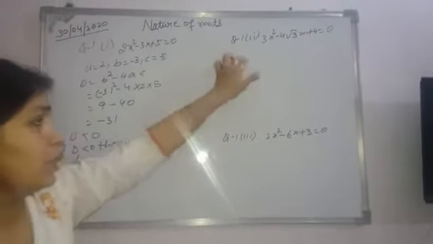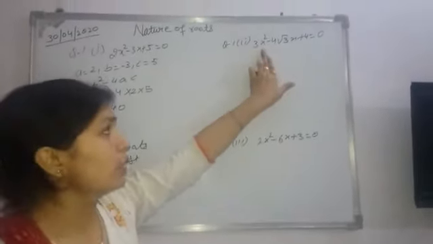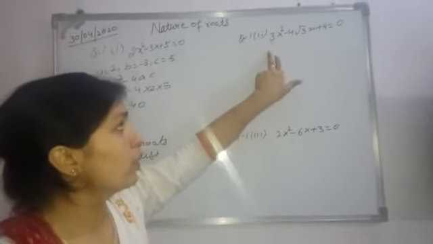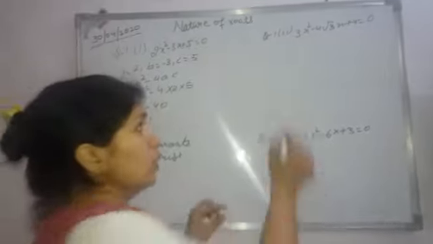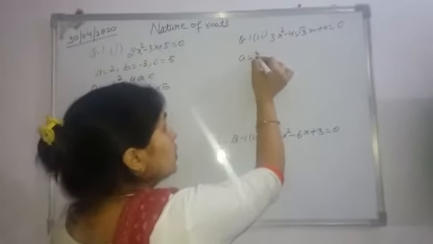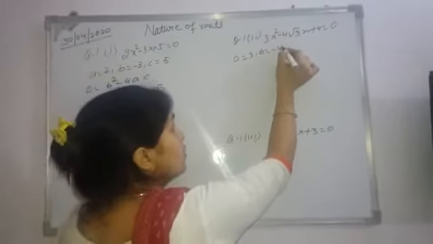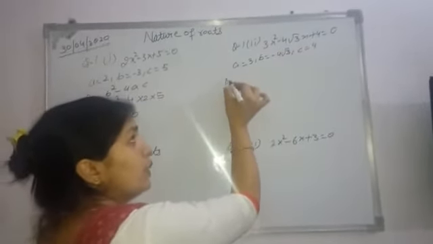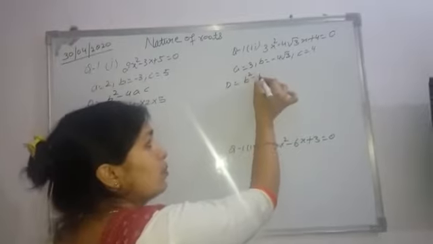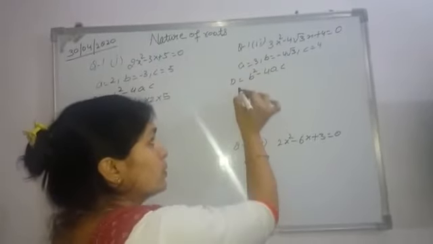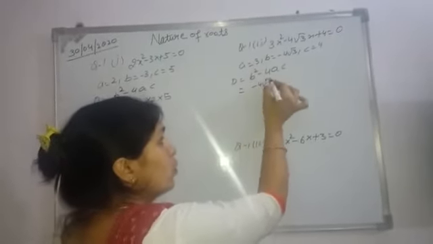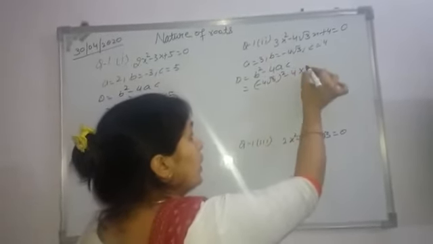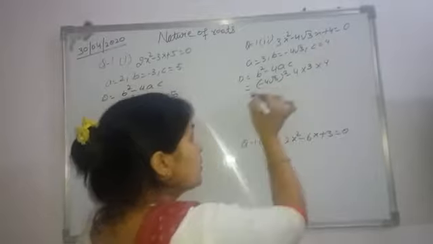Now come to the second part. In the second part, a quadratic equation is again given to us, and again we want to find the nature of its roots. So when we compare, a is equal to 3, b is minus 4 times root 3 and c is equal to 4. Again calculate the value of D. D is b square minus 4ac. Now b is minus 4 root 3 square, minus 4 into a is 3 and c is 4.